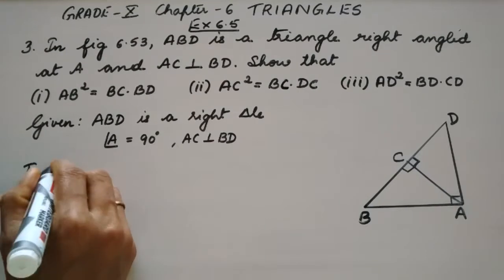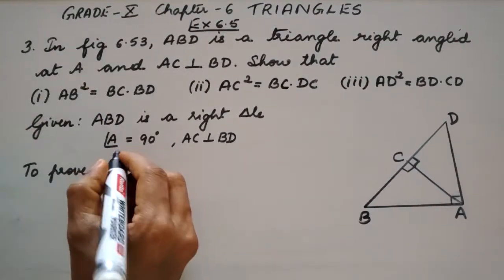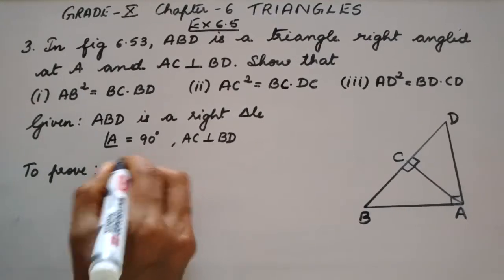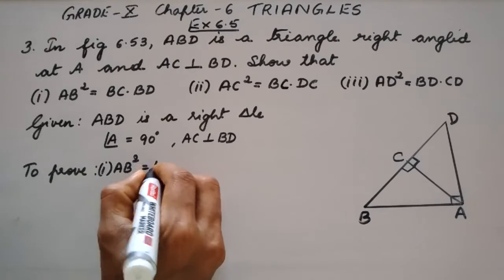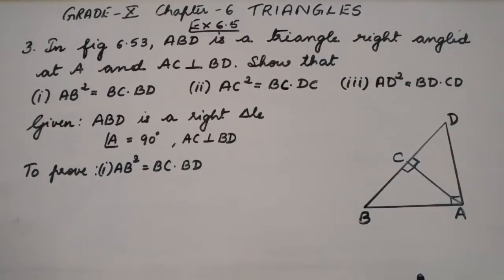To prove, first let us prove the first one, that is AB square is equal to BC into BD.